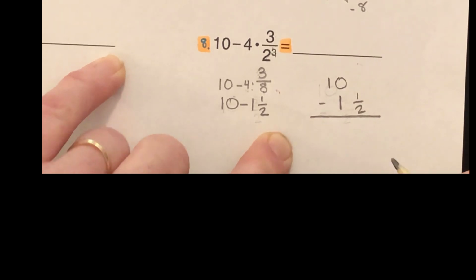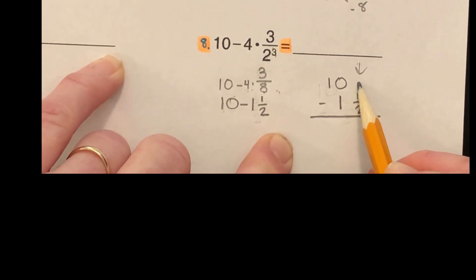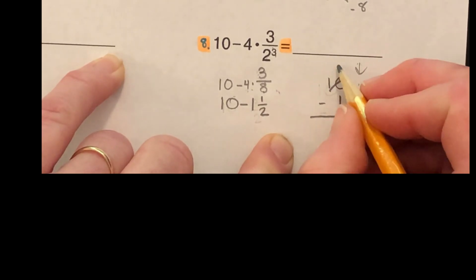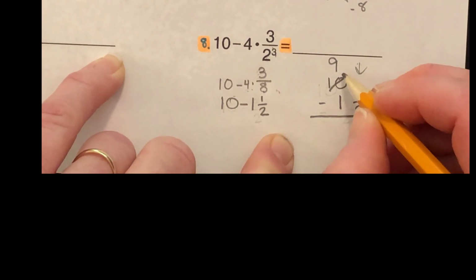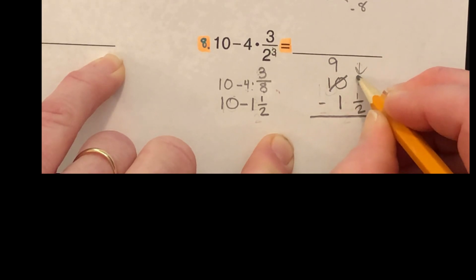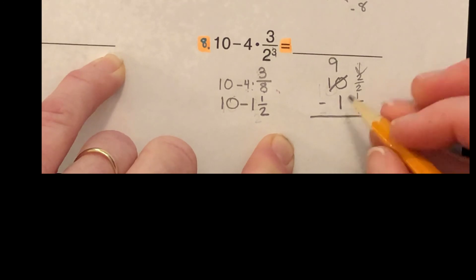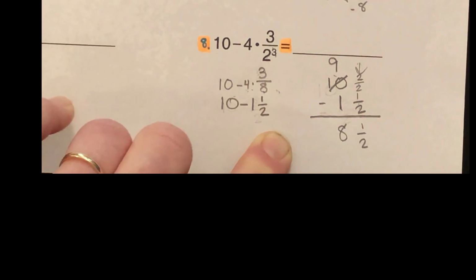We will have to regroup, because when we try to take half away from nothing, well, we can't. So we're going to take these 10 wholes, they'll become 9 wholes, and then one of those will cut into halves. So now we've got 9 and 2/2, which is the same as 10. 2/2 minus 1/2 is 1/2. 9 minus 1 is 8. So I'm left with 8 and 1/2.